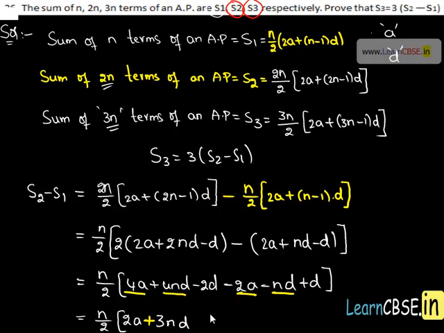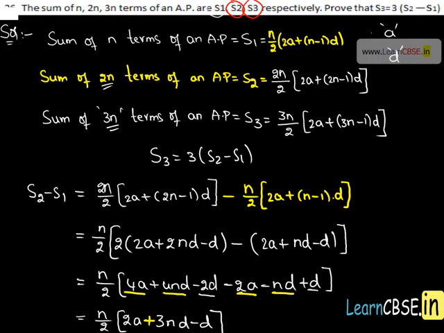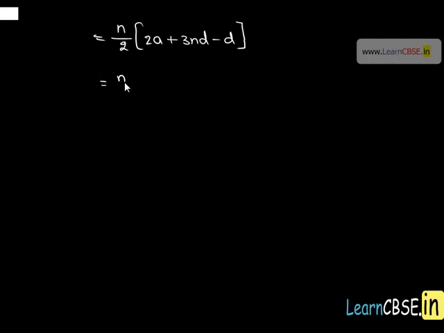And then we have negative 2d and plus d, which is equal to minus d. Let us simplify it further. Then we have n upon 2 times 2a, and then we have plus 3nd minus d. If we take d common, then we have 2a plus 3n minus 1 times d.